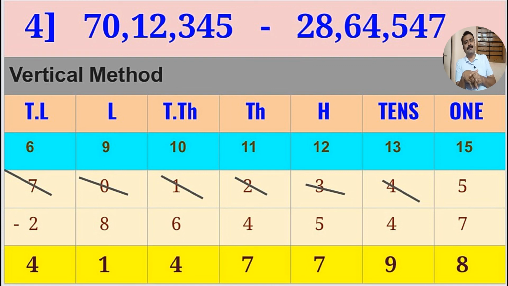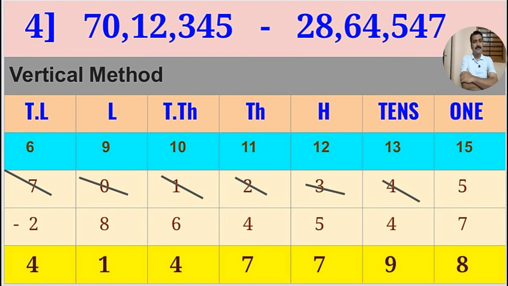So final answer we get here 41,47,798. So this number 41,47,798 is called here the difference of these given two numbers.